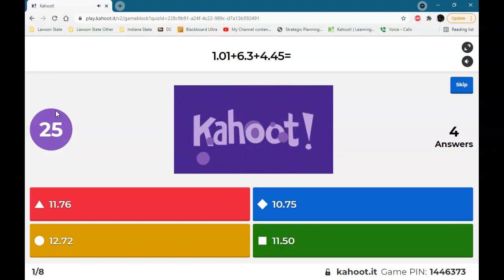Calculators, you can put it on a pencil and paper, whatever you need to do, guys. So I'm just trying to get a feel for where everybody is with decimals.